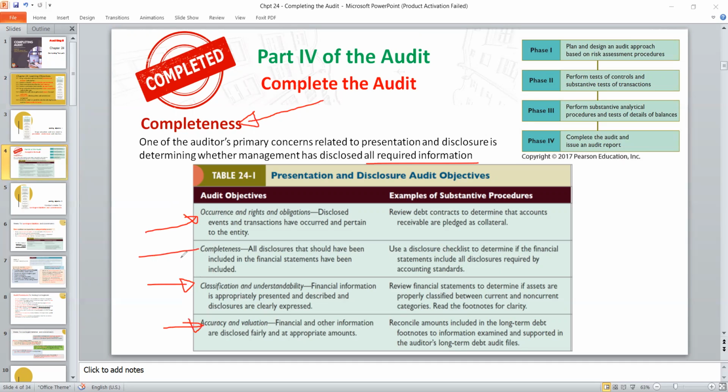This is the primary concern for the assertion of the presentation and disclosure. And that's the main assertion for the presentation and disclosure.